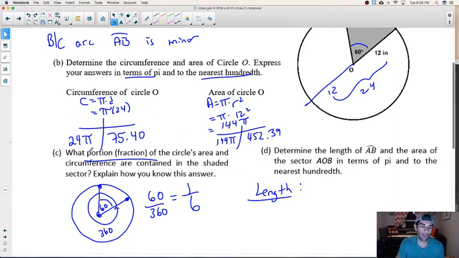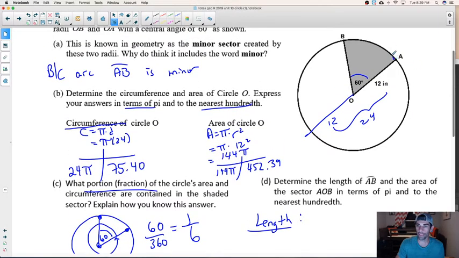The entire length of the circle, which is the circumference, is 24 pi. Now, I only want that small portion here. So what do you think I could do to that 24 pi to only give me this section here? Well, how much is that worth? It's worth 1/6.